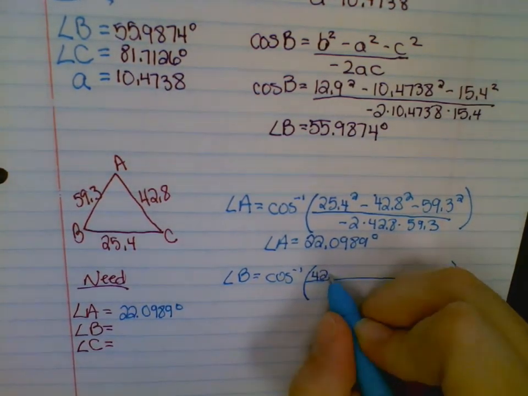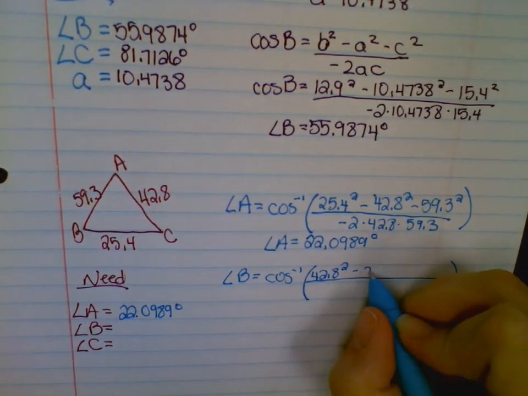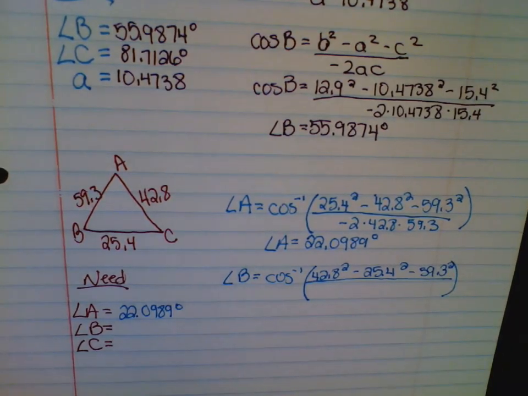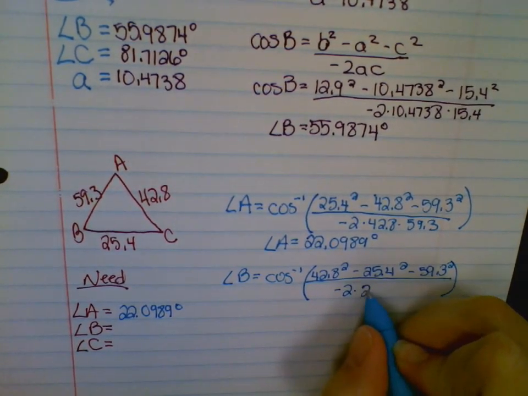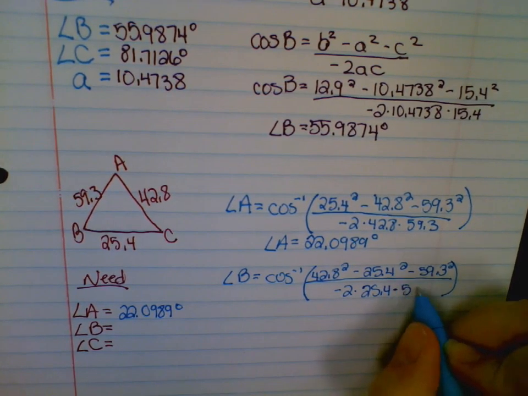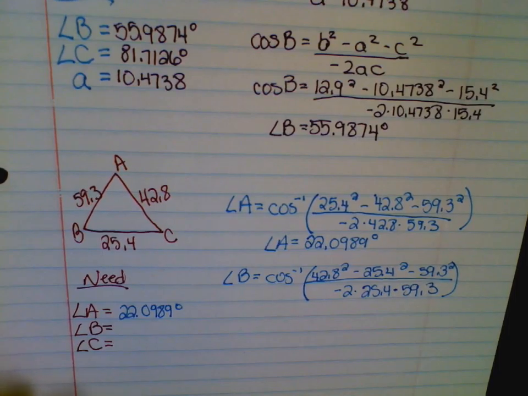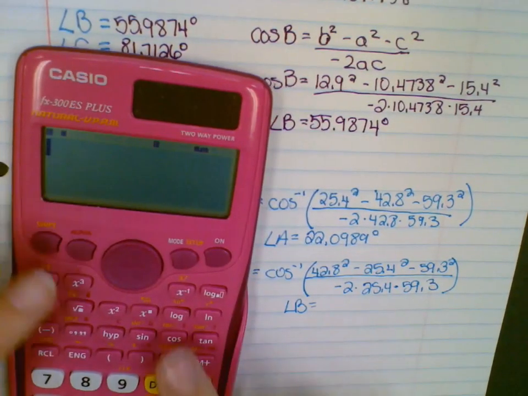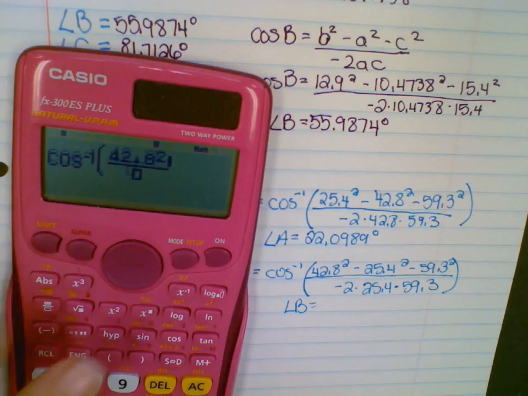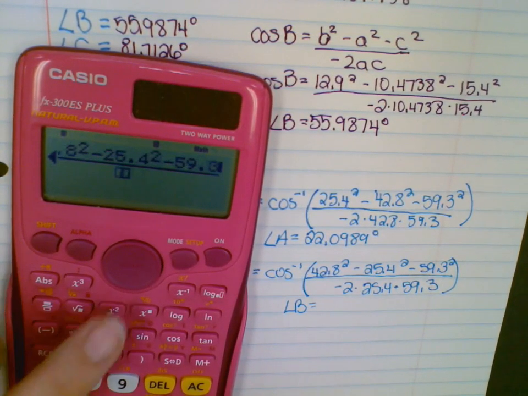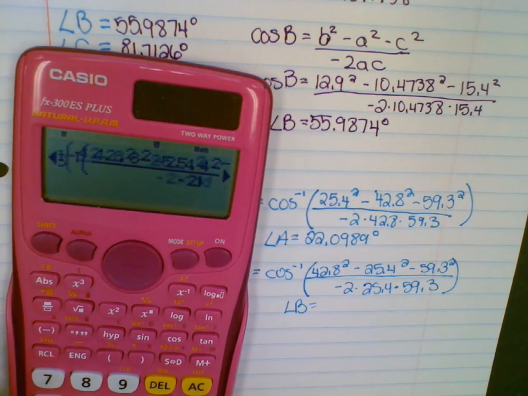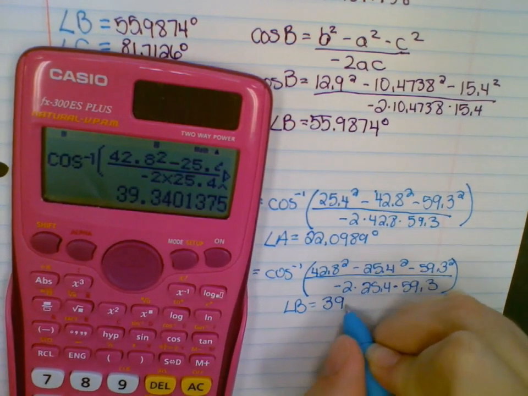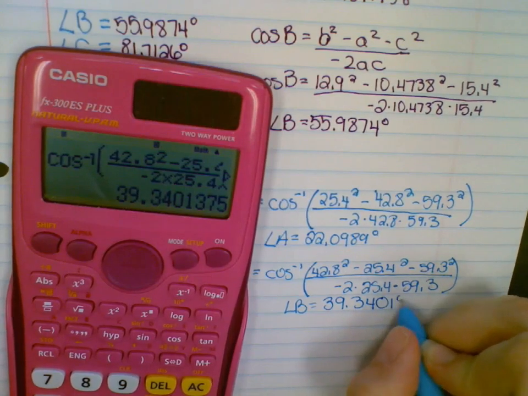B was 42.8, and then this will be A and C, and on the bottom is A and C. Then we type it in our calculator, and that would be it for angle B. We got 39.3401 degrees.